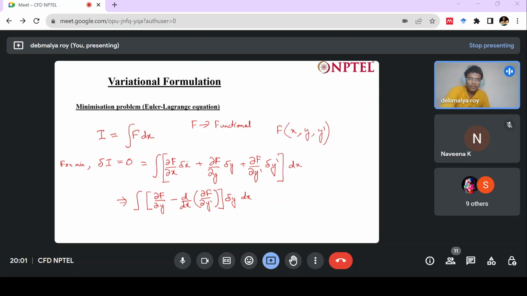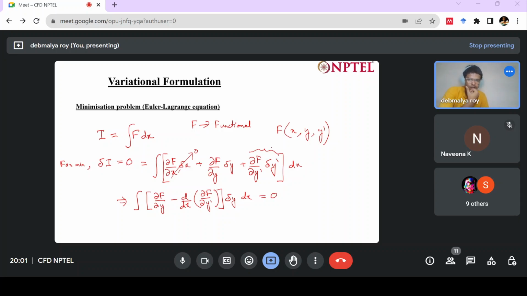If the values of y are provided at the two boundaries, then that will become 0. Also delta x, since this is our independent variable, we will also take this. So we do integration by parts for this particular term, and this leads us to this expression plus boundary terms.